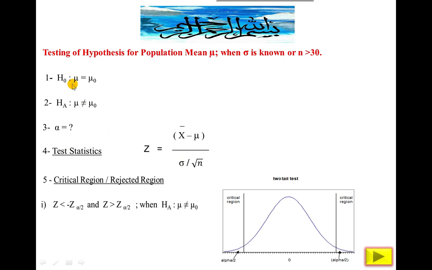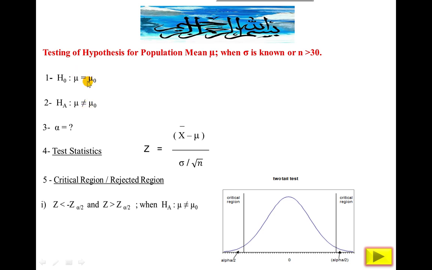So the steps are the same as the previous. There are 6 steps. Method is the same, concept is the same, theory is the same, objective is the same, but the formula of the test statistic is different. We will use the z-test in this. First step, null hypothesis, same as previous: mu equal to mu naught, alternate may be not equal to.